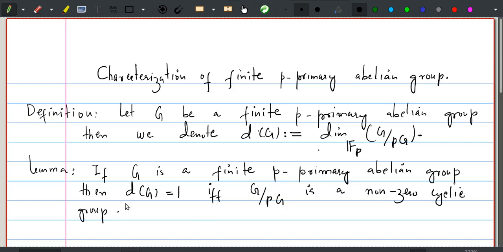So this lemma is the characterization of finite p-primary abelian groups with d(G) equal to 1.